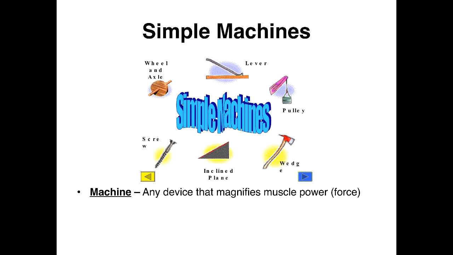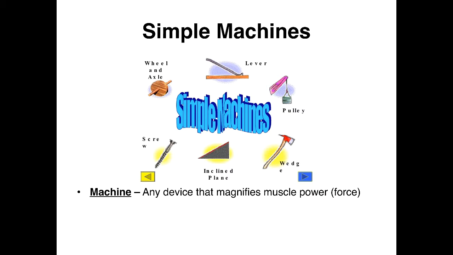And right off the bat, many of the things we think of as machines are not really machines in the physics sense. A lawnmower does not magnify muscle power. A lawnmower is something that cuts grass. If it were a machine, we would swing a blade with a certain amount of force and it would magnify that force so that we could cut down something that we would normally not be able to cut down, and then that would be a machine in the physics sense.